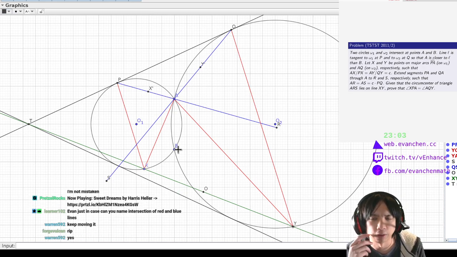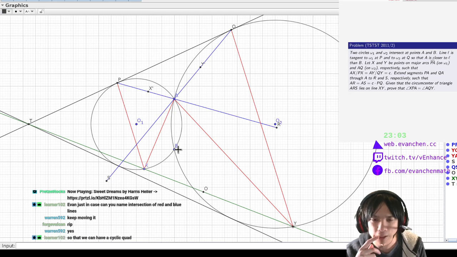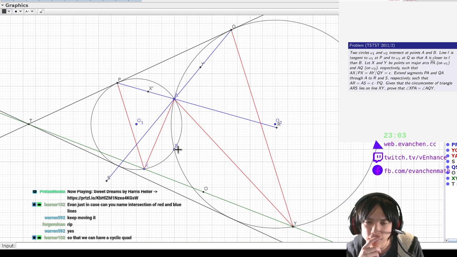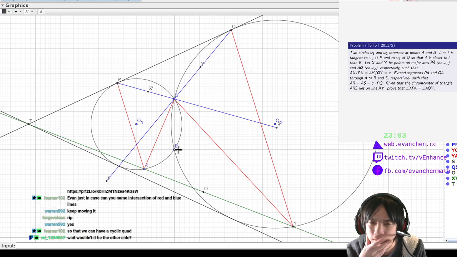Yeah, if they're parallel, then the arcs are automatically equal? Maybe? Is that true? That seems like a long shot.